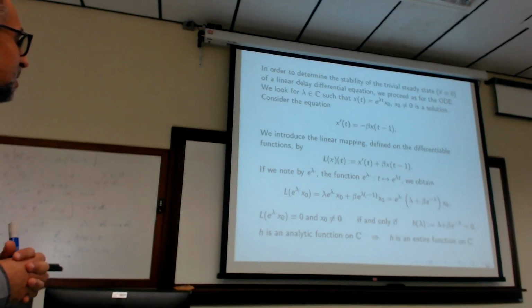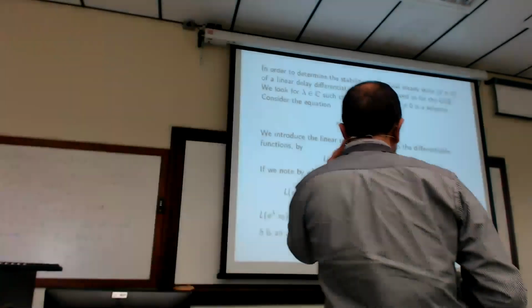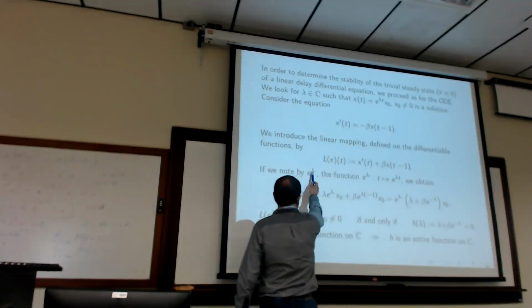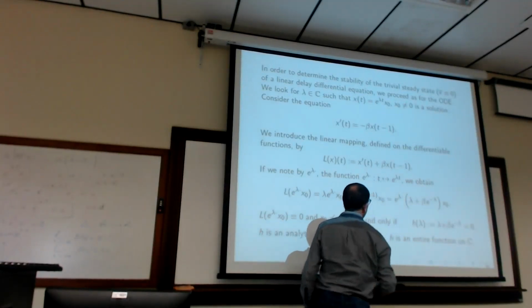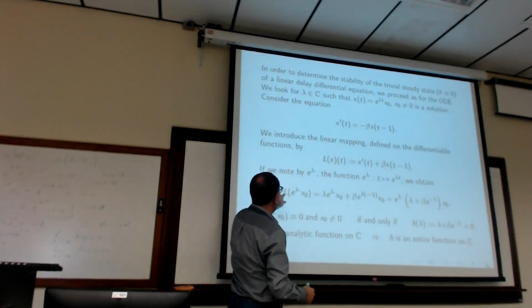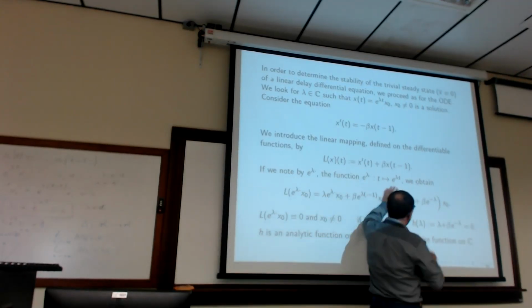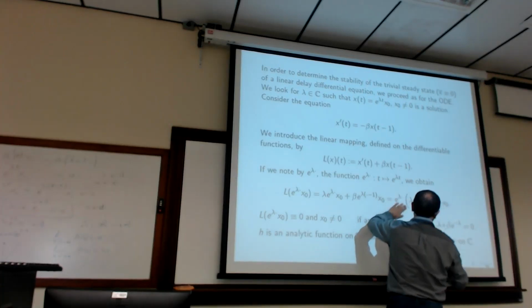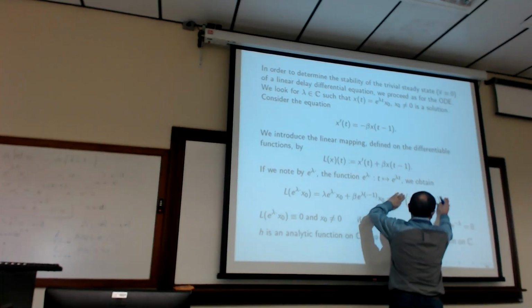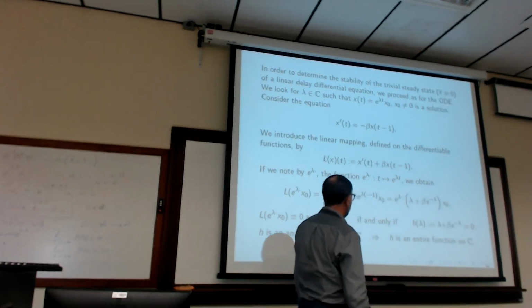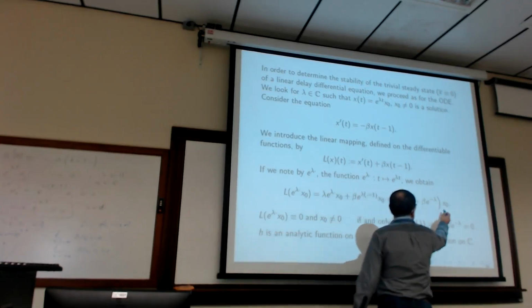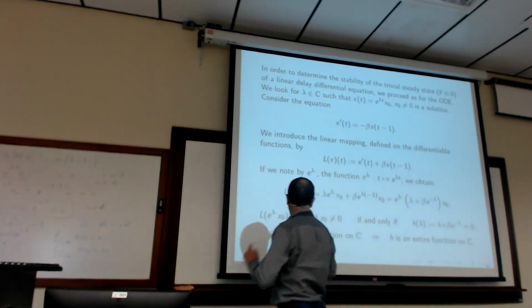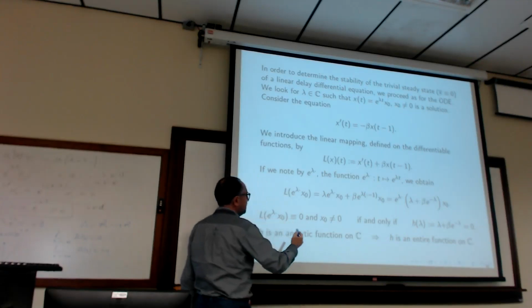If we note exponential of lambda t this function, and we apply the operator L to this one, we have this. It's exactly the same. This is another way to write it.